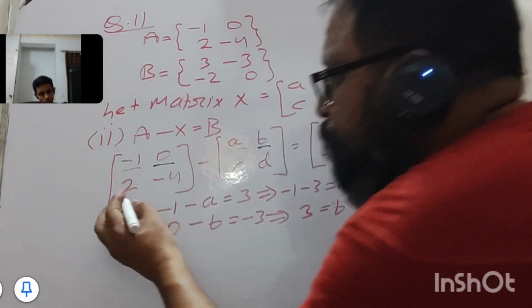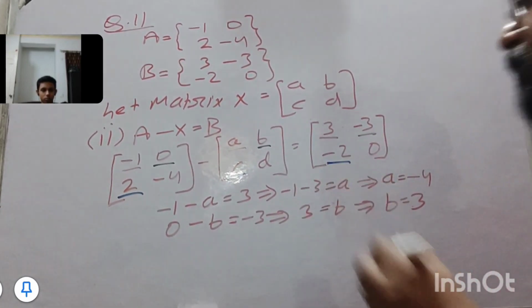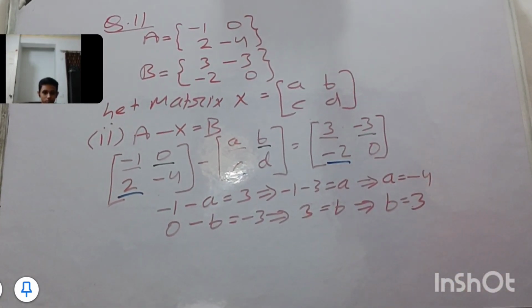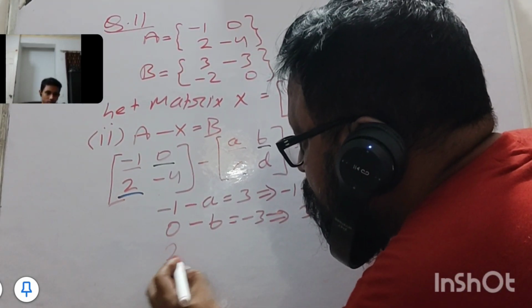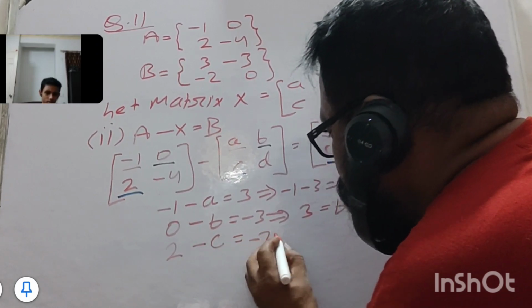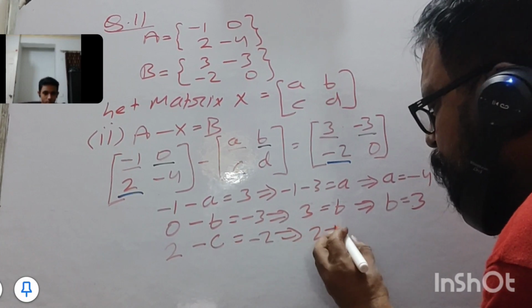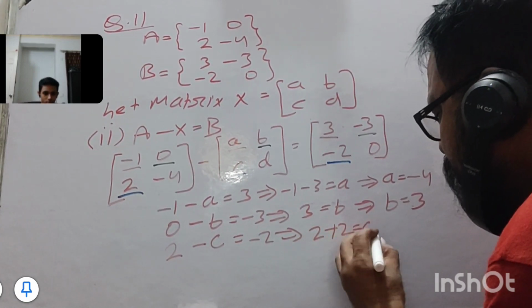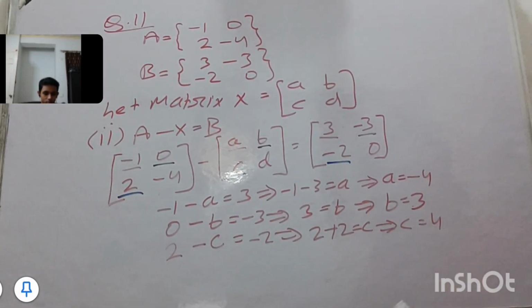Now we will take c, that is 2 minus c is equal to -2. Now we will bring c on this side and -2 on that side. So 2 plus 2 is equal to c, so c is equal to 4.